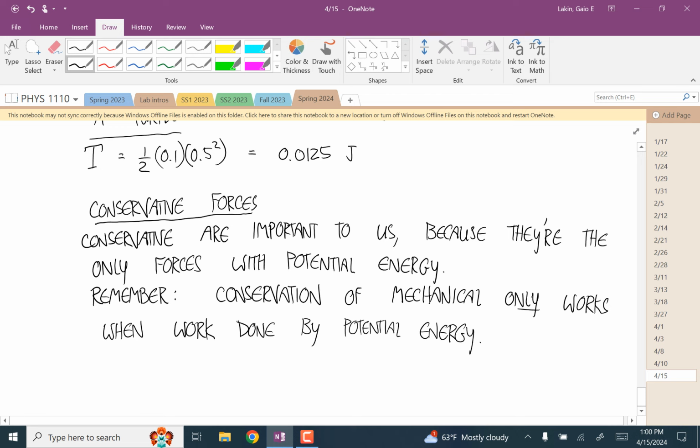Okay, so this idea of conservative forces is going to be really important. It's going to be important that certain types of forces we deal with have to be conservative forces.